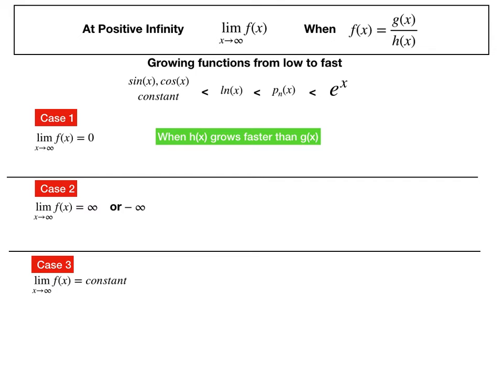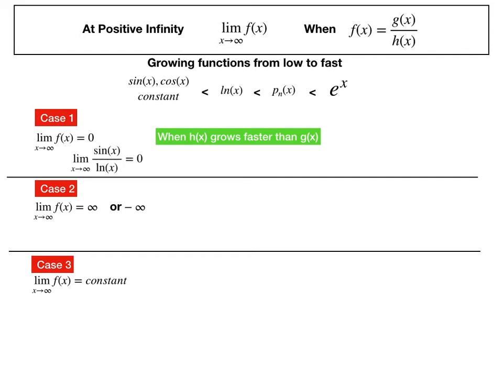So let's look at case number 1. The limit of the function f of x will be equal to 0 when x goes to infinity when the function h of x grows faster than g of x. That means as x goes to infinity, the value of h of x will be much, much larger than the value of g of x.